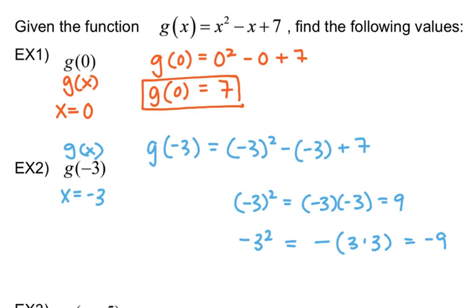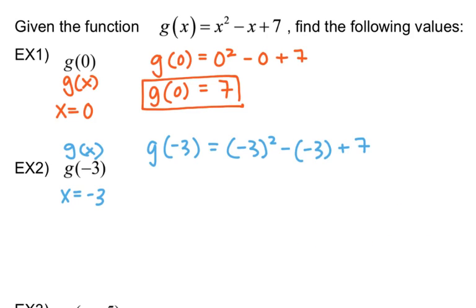So the parentheses are really important, and I just like to point that out very early on in the semester. So this gives me a positive 9 minus negative 3, that's plus 3 plus 7. Here we can determine that g of negative 3 is 19.